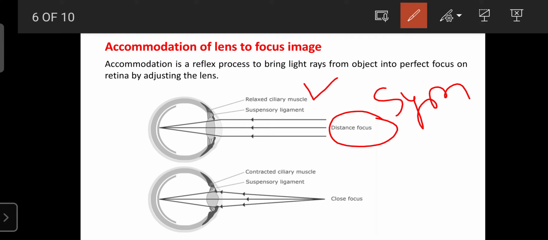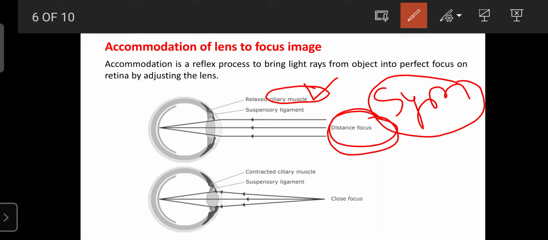Due to that the lens becomes flattened, and the pupil can be dilated. Due to relaxation of the ciliary muscle by the sympathetic nervous system, the far distance image falls exactly on the retina. This is known as the accommodation of the lens.